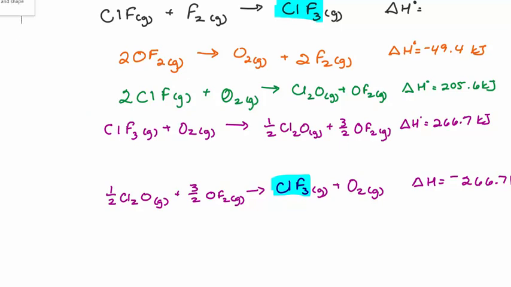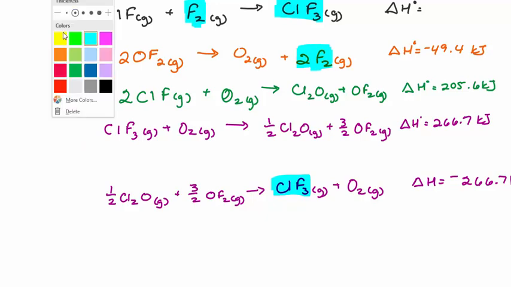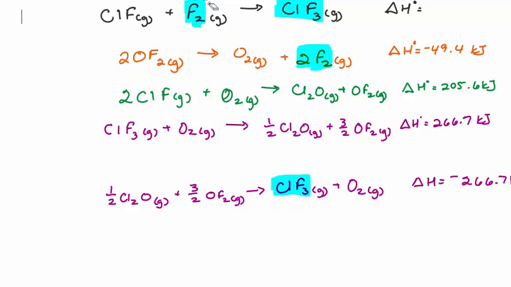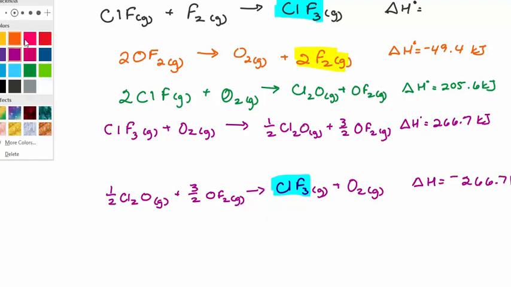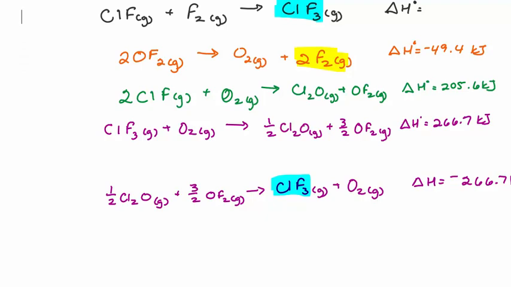Now I need to get F2 over here on the reactant side. So I'm looking and I have F2 here. I should probably change the color of that for clarity. The F2 is on the wrong side in my first equation. First equation is orange. So I need to multiply that equation through by 1/2 in order to just have one F2, but I also need to flip it around.